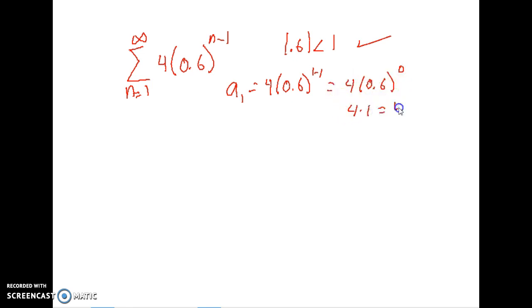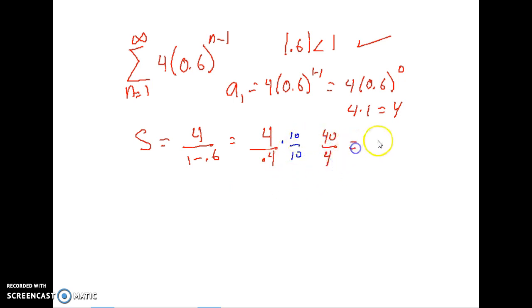So 4 times 1 is 4. So what do we have? The sum is 4 over 1 minus 0.6, which is 4 over 0.4. Technically, if you multiply the top and bottom by 10, this will be 40 over 4. So your sum actually gets closer to the number 10.